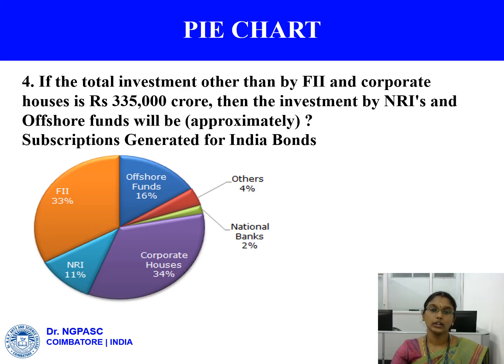Next, if the total investment other than by FII and corporate houses is rupees 3,35,000 crore, then the investment by NRI and offshore funds will be approximately? FII is 33% and corporate houses is 34%.